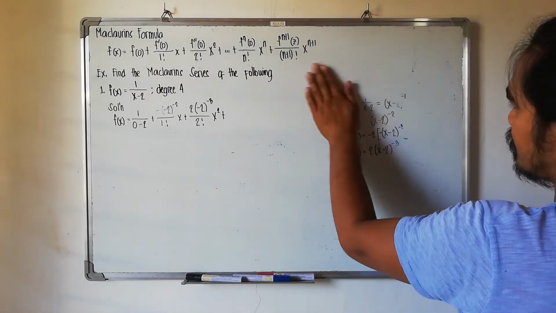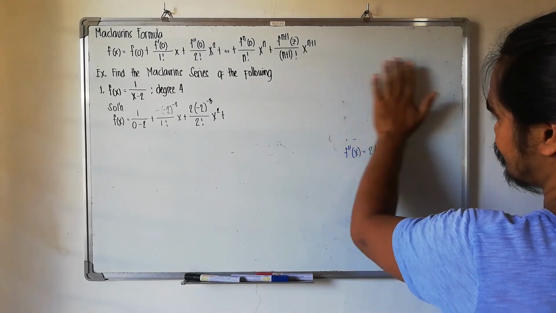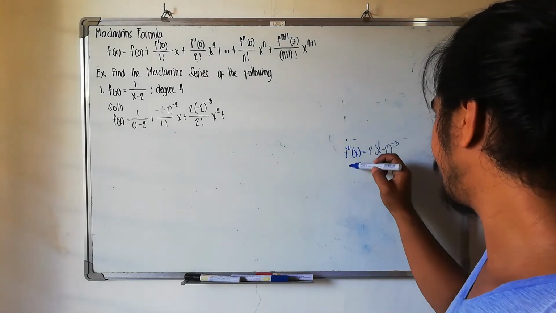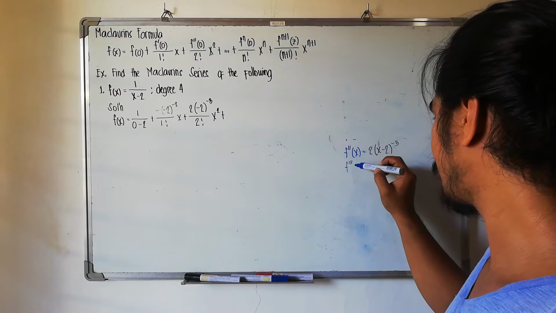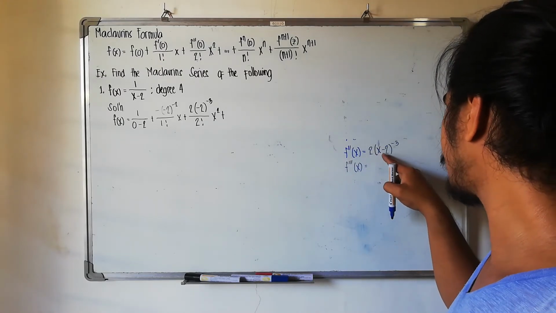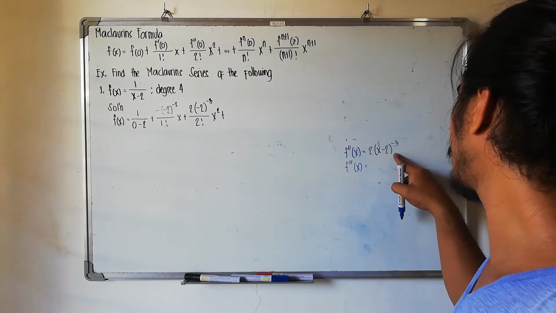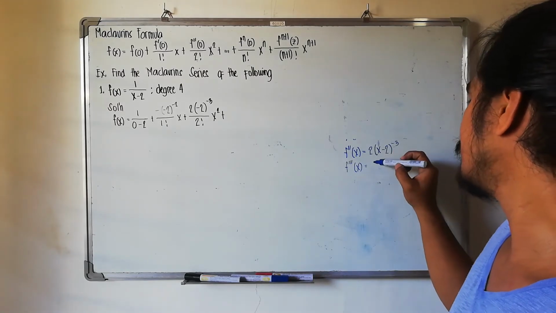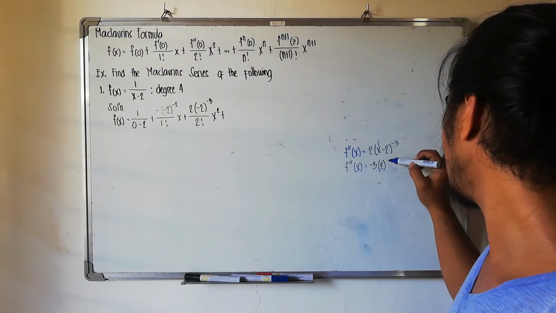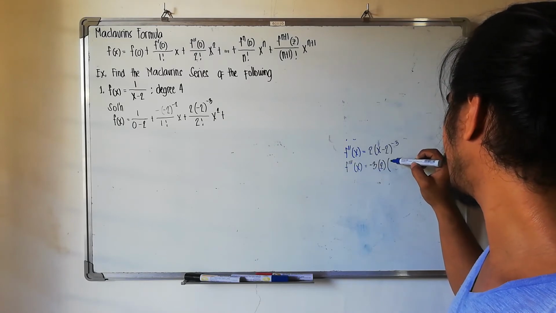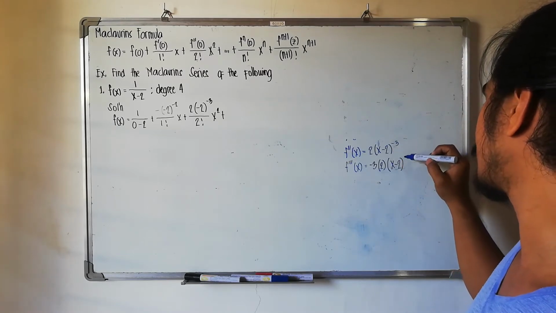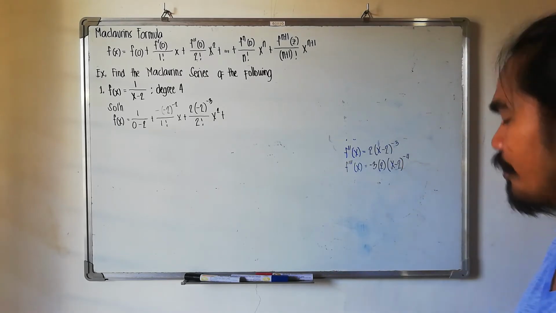So the third derivative of your function, f triple prime of x is equal to the derivative of 2 times x minus 2 quantity raised to negative 3. So this is negative 3 times 2 times x minus 2 raised to negative 3 minus 1. So that is raised to negative 4.